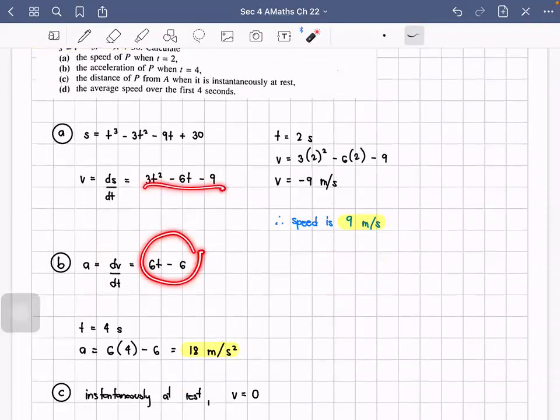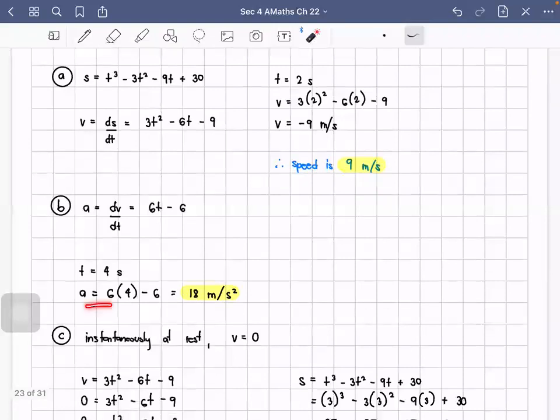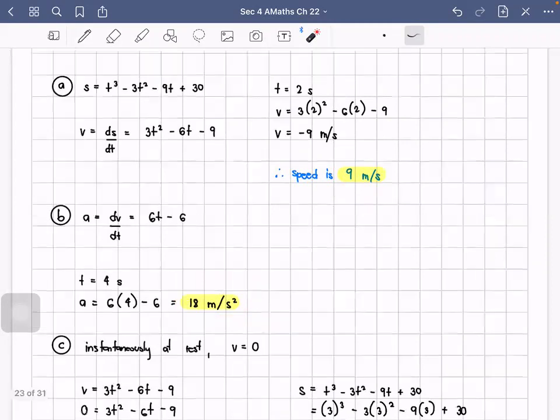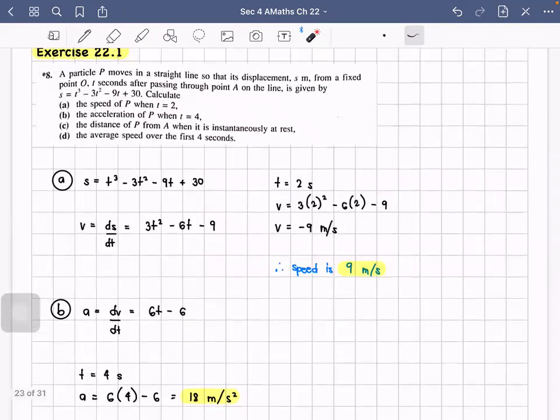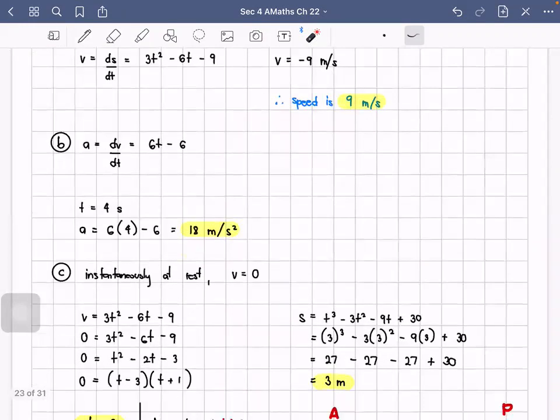It came from here: getting the derivative of this, I get 6t minus 6. This is our acceleration function. After 4 seconds, the acceleration is simply 18 meters per second squared. That's letter B, the acceleration of the particle when t is equal to 4 seconds.